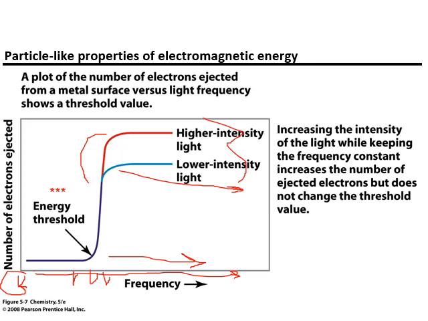But the thing that you should notice here is that there's a certain frequency below which you don't get any electrons knocked out because there's not enough energy in the rays to knock them out. Or in other words, we could say it another way by saying the frequency is too low. So for example, orange light might be in that category. So I've got a piece of sodium and it's sitting on a counter and I shine orange light on it and nothing happens.